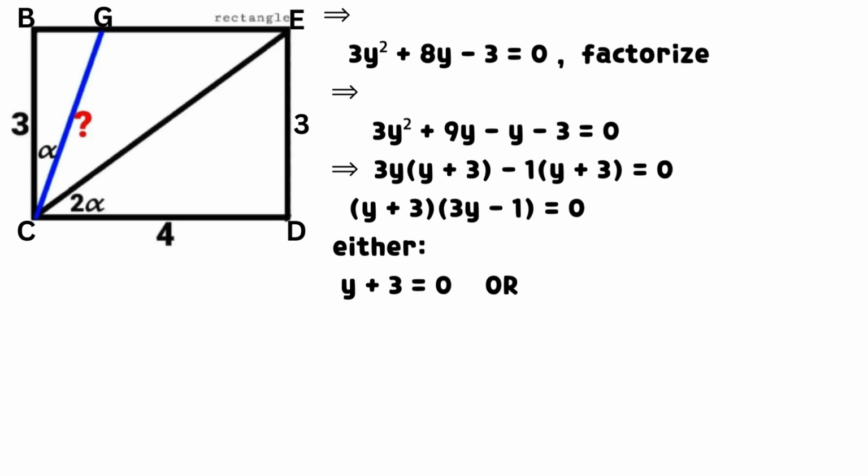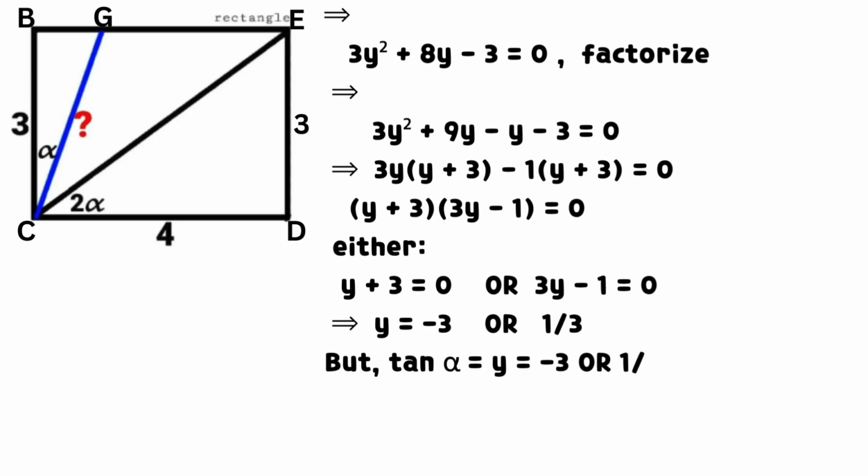Factorize and simplify to obtain that the product of y plus 3 and 3 times y minus 1 equals 0. Either y plus 3 equals 0 or 3 times y minus 1 equals 0. It follows that y equals negative 3 or 1 divided by 3.